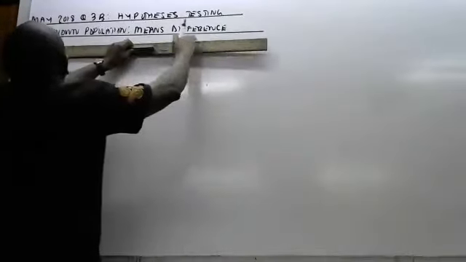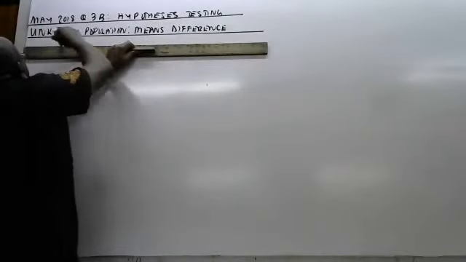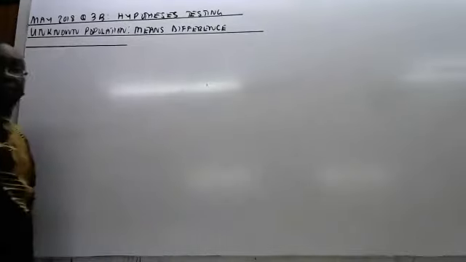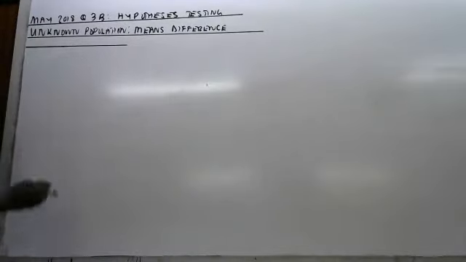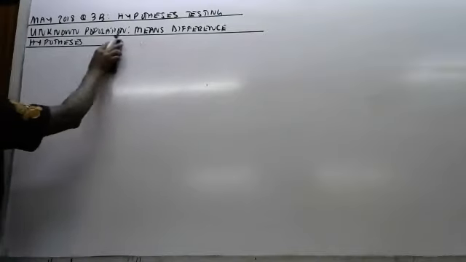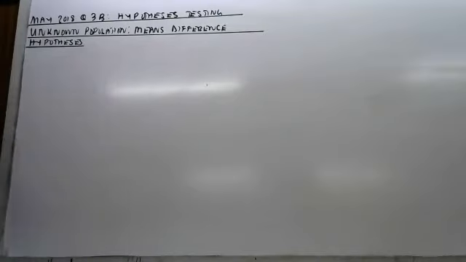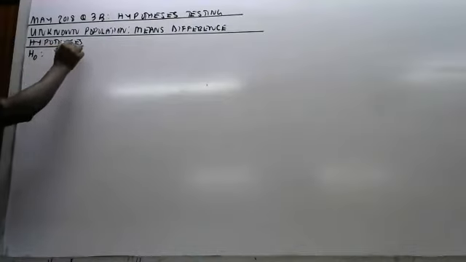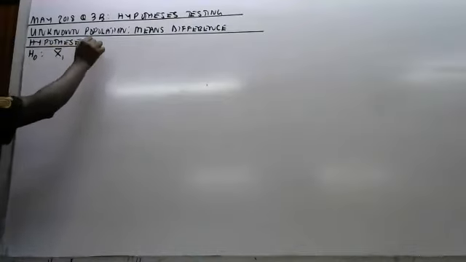So having said that, we begin our journey, which has become familiar. Number one, we come up with the hypothesis. The null hypothesis is that the first mean is the same as the second mean.